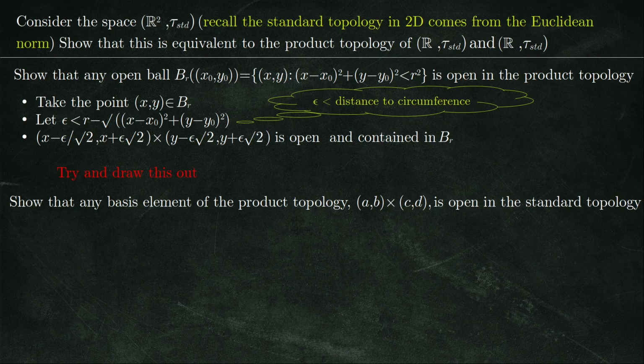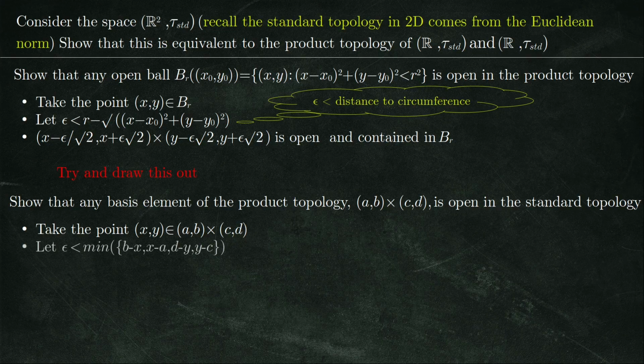Okay, now you've had a go. So firstly, we're going to take any point in the open rectangle. Then we're going to let epsilon be the minimum for all of these. So that is, epsilon is less than the distance to the edge of the rectangle in any direction.